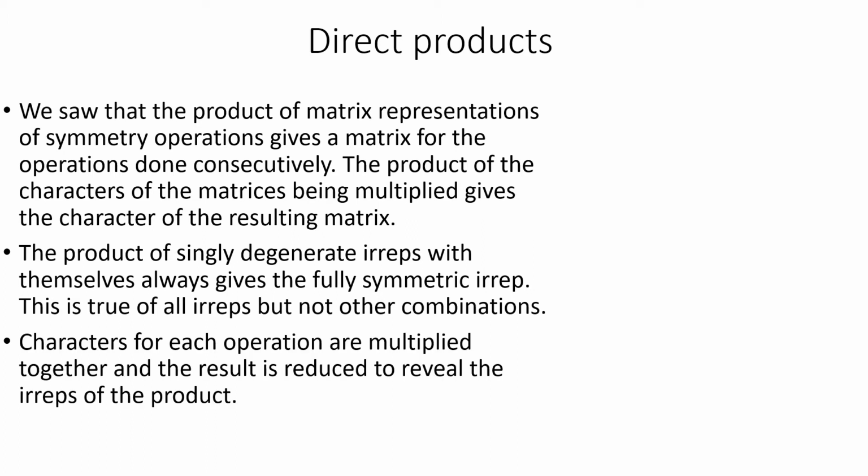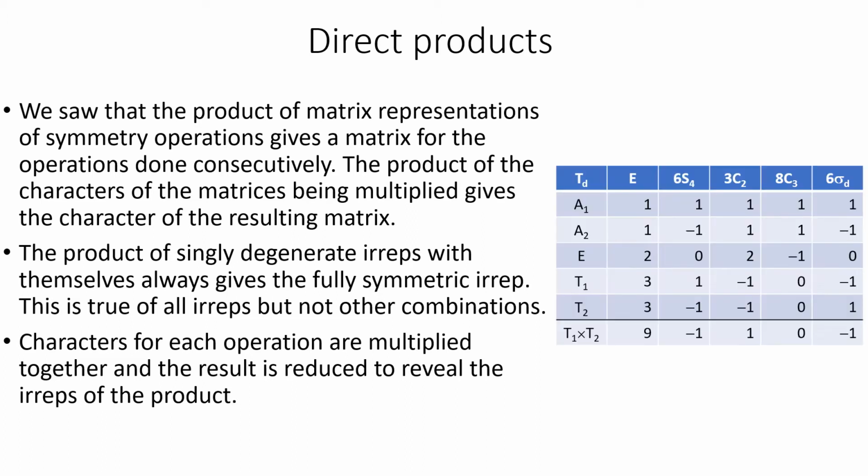So we see that the characters ultimately are preserved, and when we do the direct product, ultimately we're going to multiply all the characters together for all the different operations, and that will form a product for us that we will then be able to reduce.